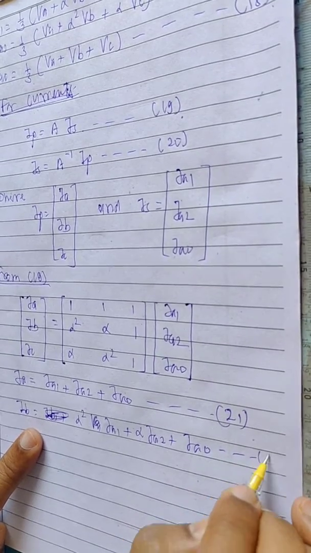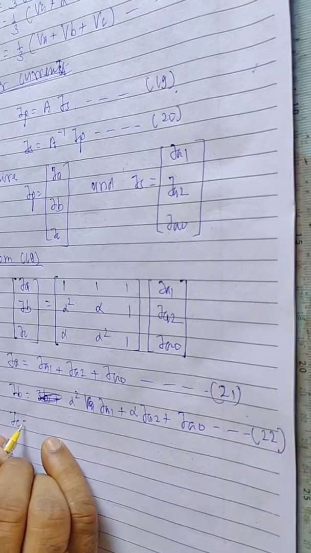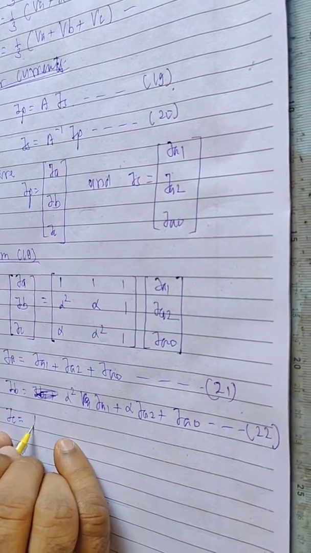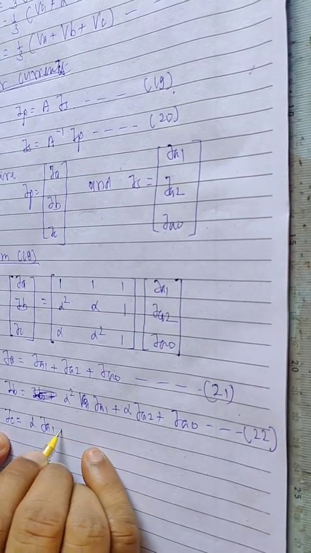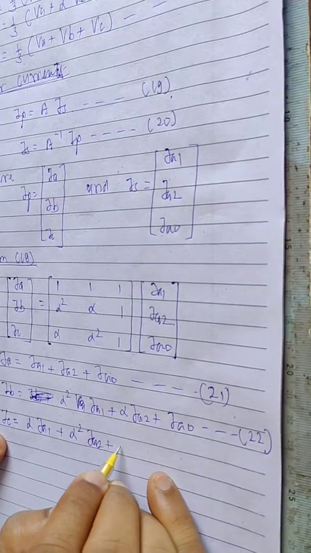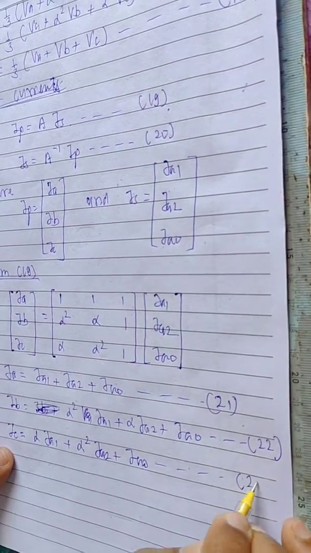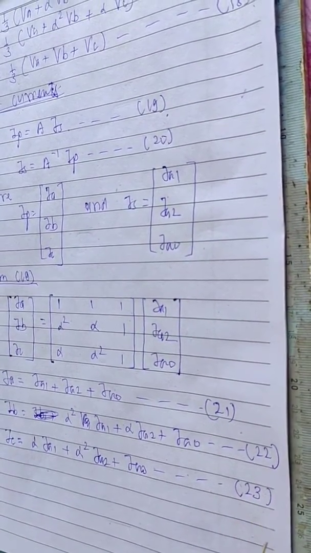This is equation 22. And for current IC, this is alpha IA1 plus alpha square IA2 plus IA0. This is equation 23.